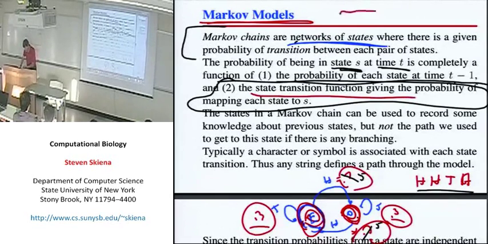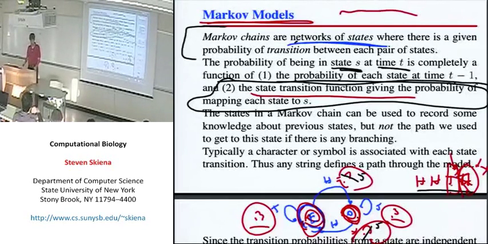The probability of being in a particular state at a particular time is a function of what state I was in one step before, and the transition probabilities from that state to the next state. Any questions about that? Okay?